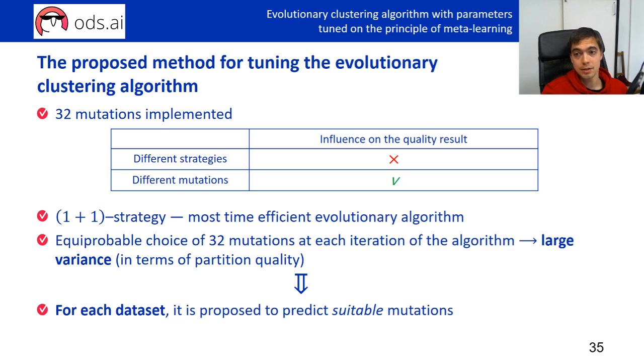So it was decided to use the 1+1 strategy as the most efficient in terms of time. But an equally probable choice of 32 mutations on each iteration gives too large a variance in terms of the partition quality. So to solve this problem, it was proposed to predict the suitable mutations for each dataset.